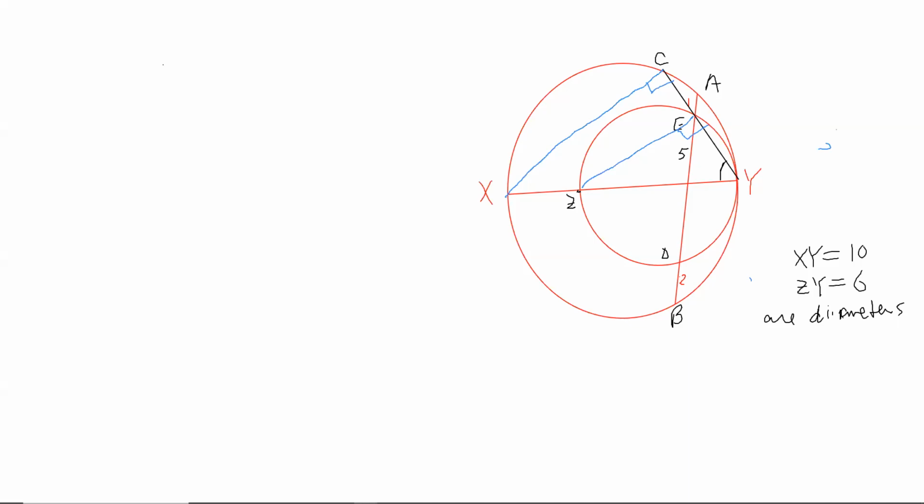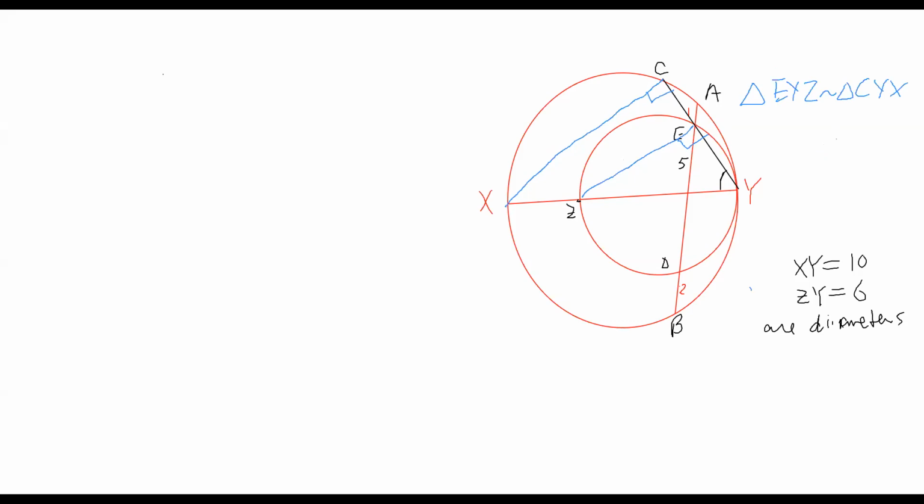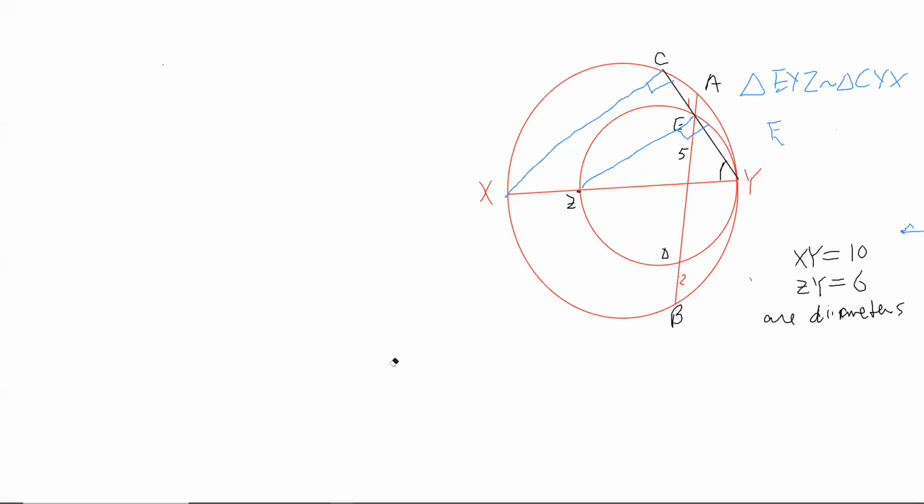So now we know triangle EYZ is similar to triangle CYX. So if we want to find the ratio, EY over YZ is equal to CY over YX.